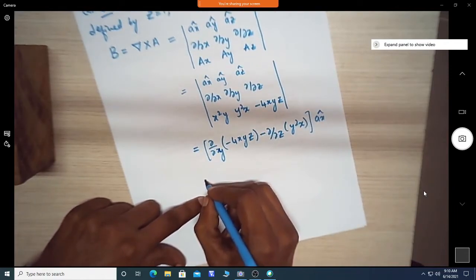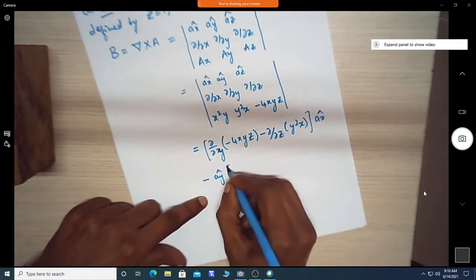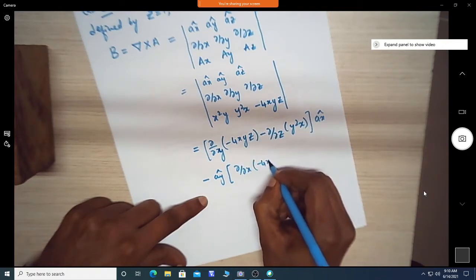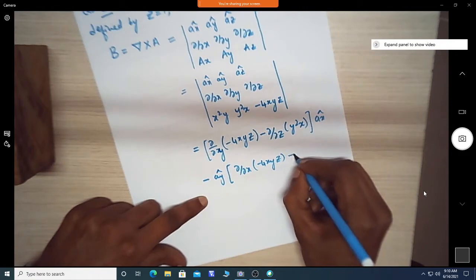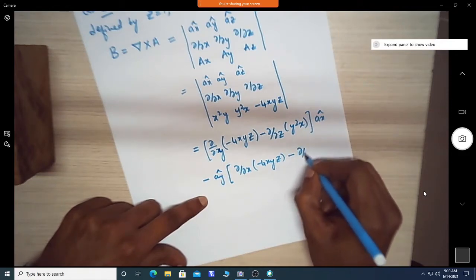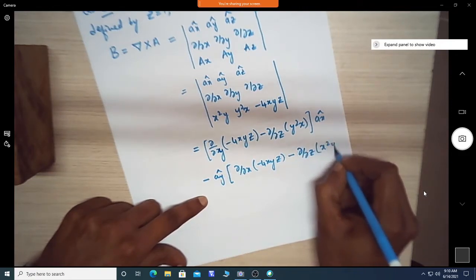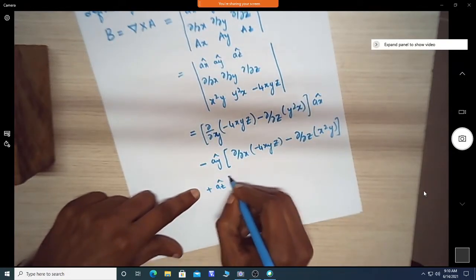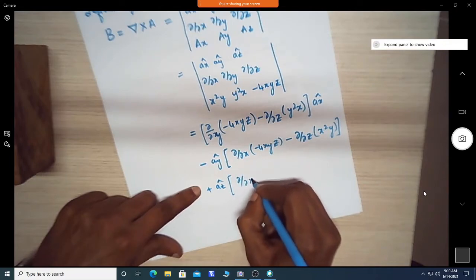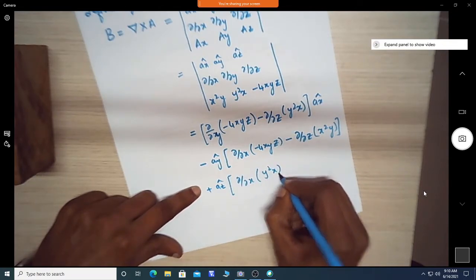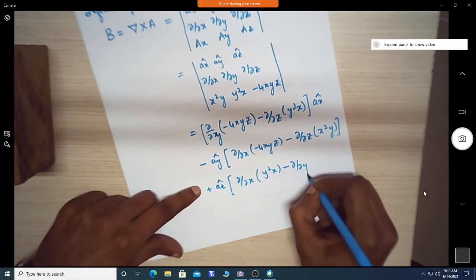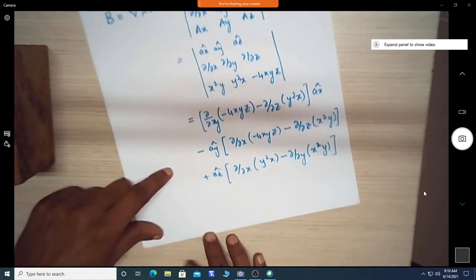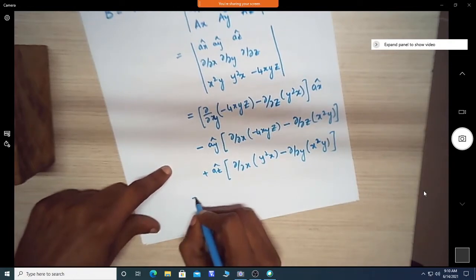Okay, so minus, in the direction of ay, we will have del by del x of minus 4xyz minus del by del z of x square y, plus in the az direction we have del by del x of y square x minus del by del y of x square y. So this is what we will get, and solve for this.